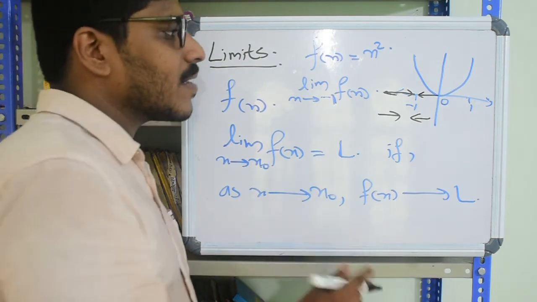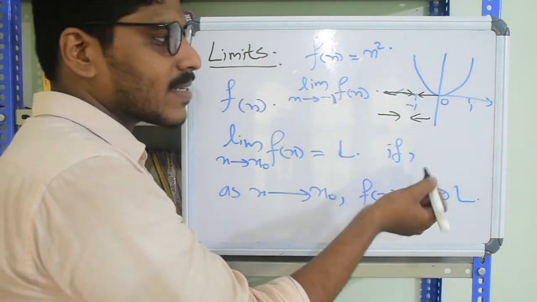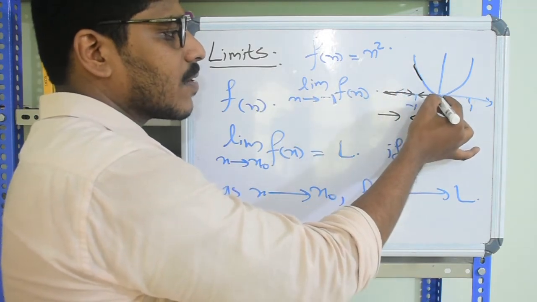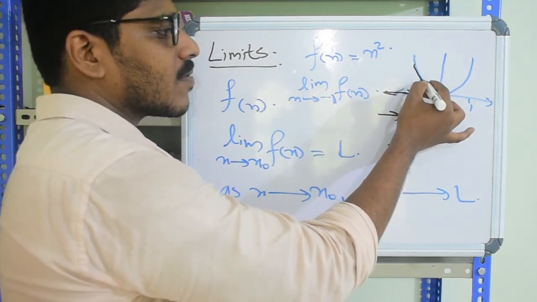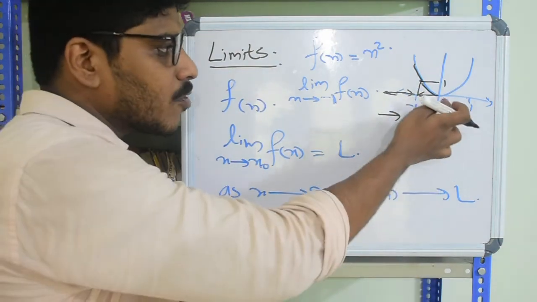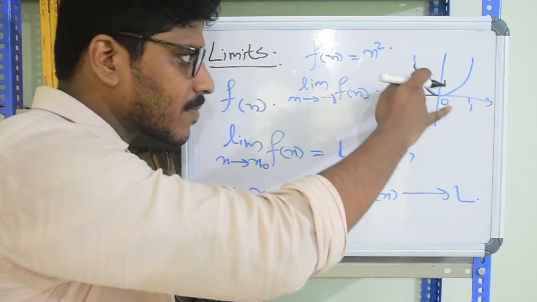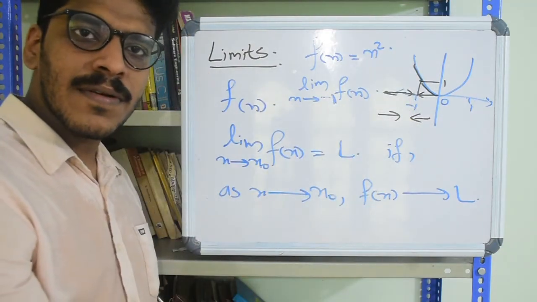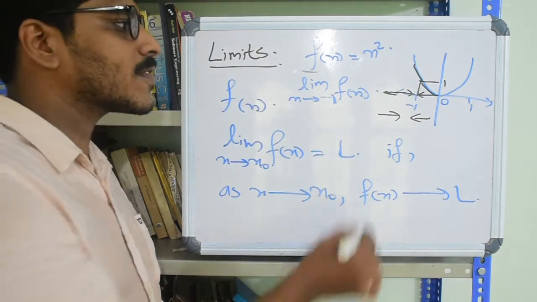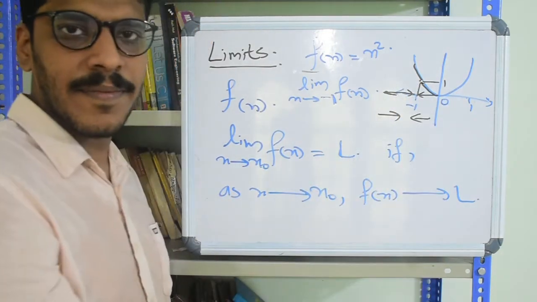Right. But if you move from either side, the value of f or the y value moves towards 1. Either you move from the right side or you move from the left side, the value of y or the value of f or the function value moves to a single point 1.